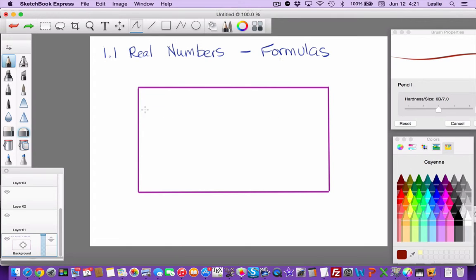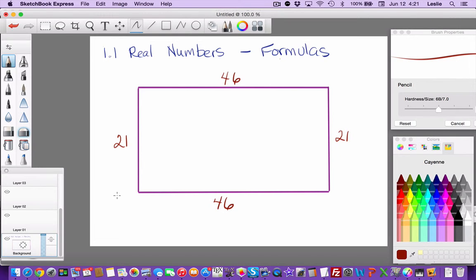Let's try this with a different rectangle. What if this rectangle had sides of length 21 and length 46?